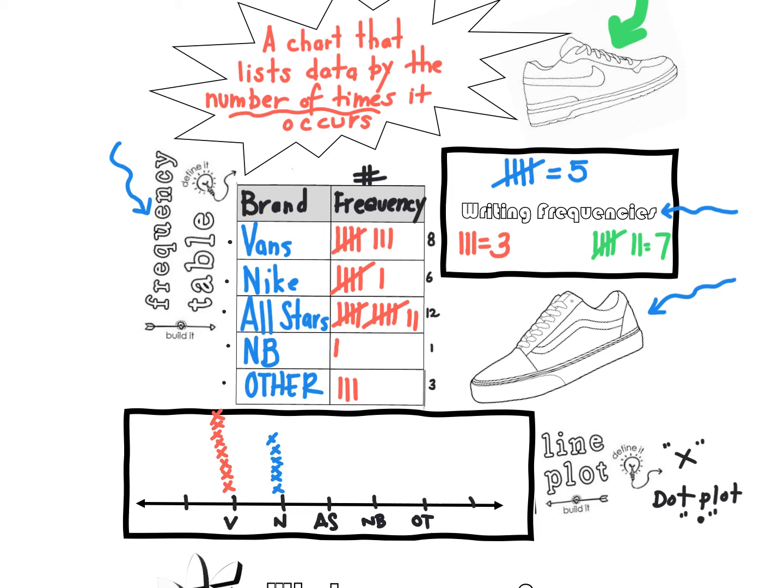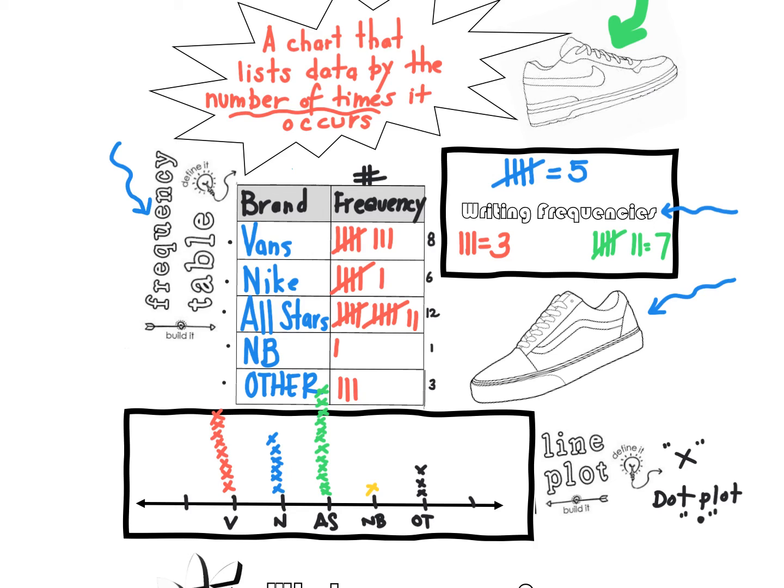That's a lot of people, so I'm going to have to kind of squish it, but it's fine. 1, 2, 3, 4, 5, 6, 7, 8, 9, 10, 11, 12. You want to make the X's all about the same size so you can compare the pictures. New Balance is going to be an easy one for me. That's one person. And then other, well, that's only 3 people.